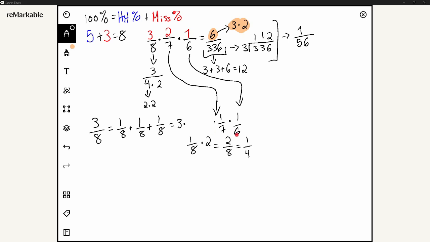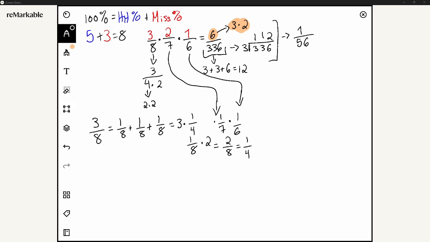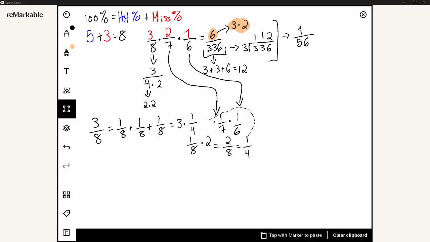So we can take that 2 times 1/8, right? Because the order in which we multiply does not matter. And we can put it back in here, right? So now we have 3 times 1/4 times 1/7 times 1/6. Suddenly, this is a lot easier to deal with.